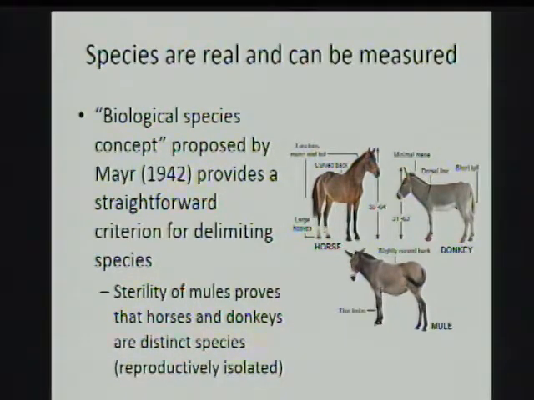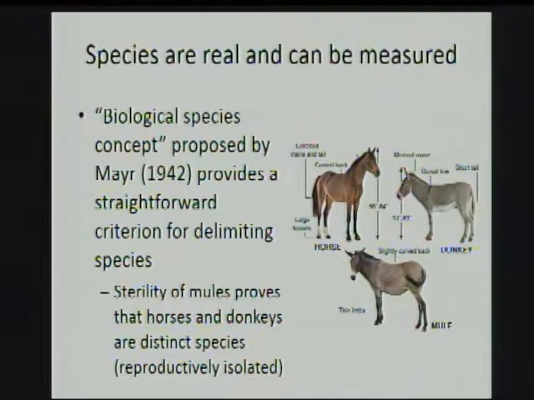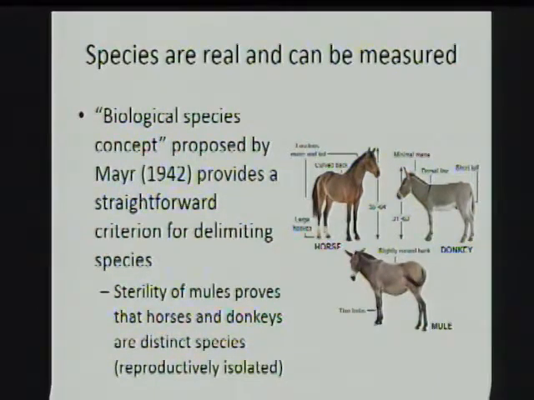Ernst Mayr, a zoologist, as part of this modern synthesis, came through with this great concept that is so elegant. It works great for animals, the biological species concept. And so part of this idea is that species are real, they're evolutionary entities, and if we can figure out how to define them, then we can go out and measure them, and we can actually have an explicit criterion for dividing up species and establishing these boundaries.